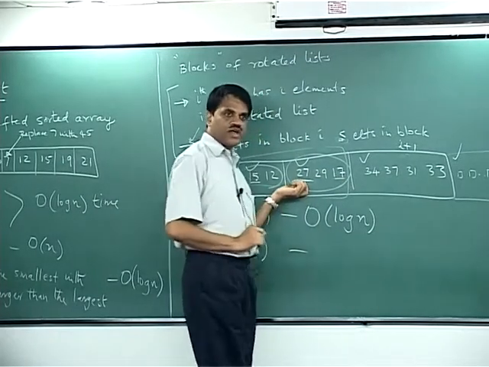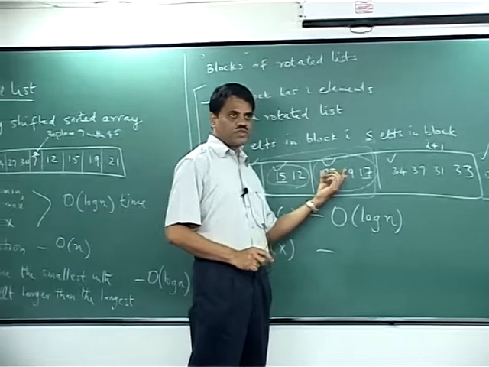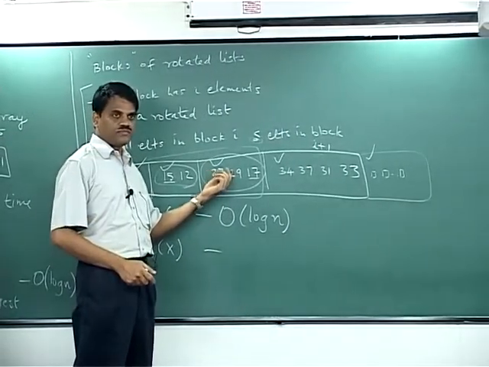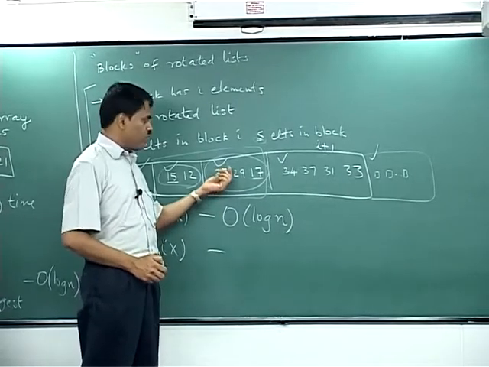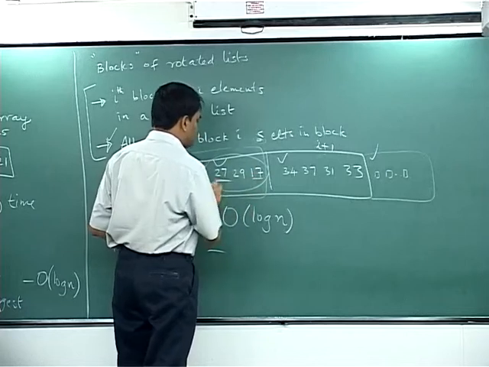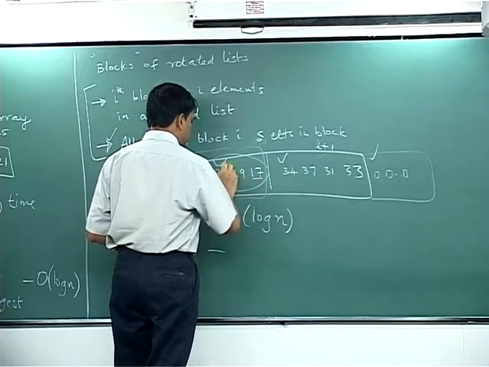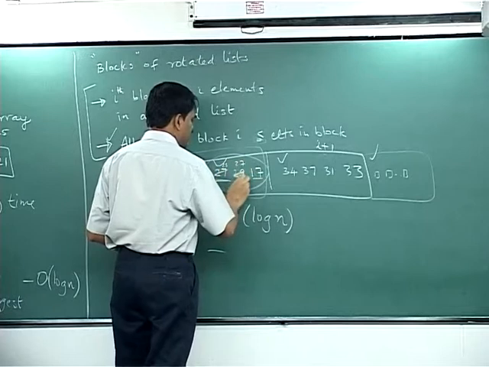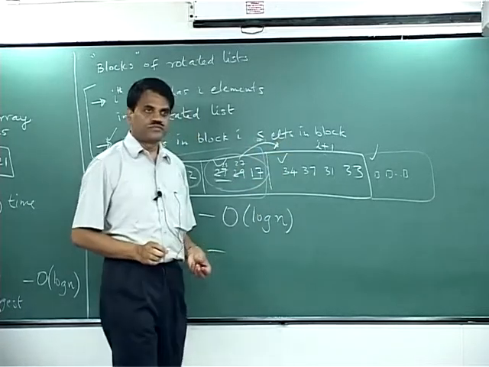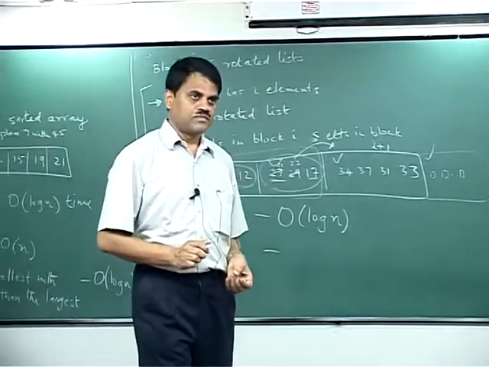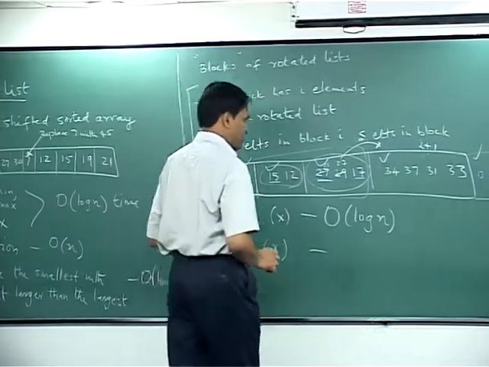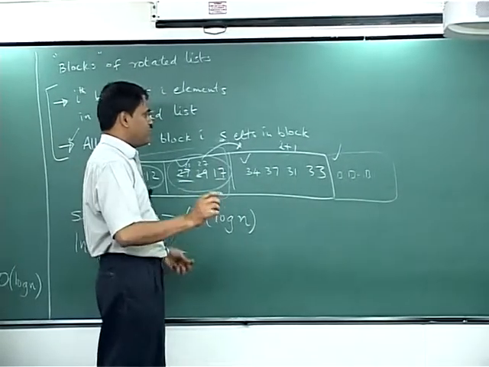So, now insert 23 here, and then what do I do? This block has only take the max element out and, okay. So, here I just do whatever moves are required. So, 23 will come here, 27 will come here, and 29 gets bumped out, and what do I do? Where do I take the max? This is the beauty, right?